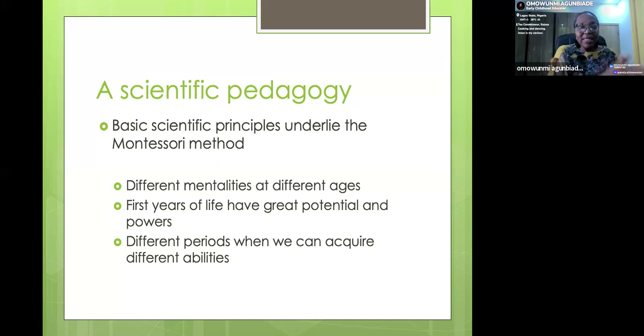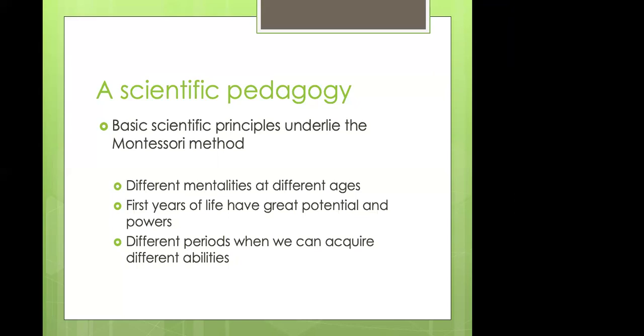And knowing that these first years of life have great potential and powers, we're careful. We are very scientific about what we put in the environment of that child, because we want to cater for the different periods. We want to cater for the sensitive periods.